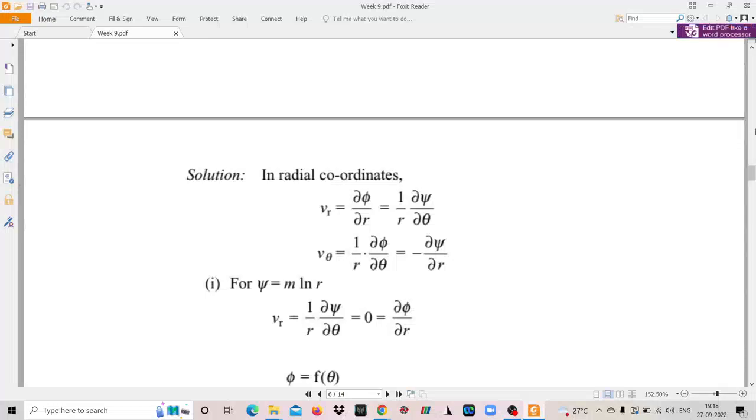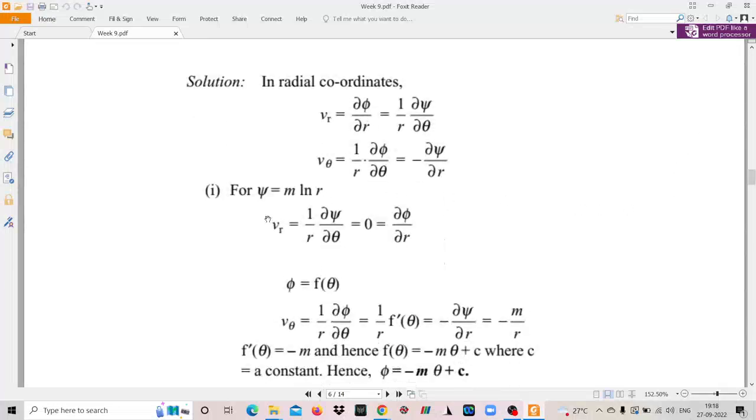Now for part 1, psi is equal to m ln r. Vr is equal to 1 by r del psi by del theta. What is del psi by del theta? There is no dependency of psi on theta, so del psi by del theta is 0, which is equal to del phi by del r.